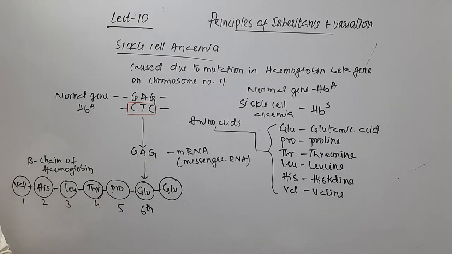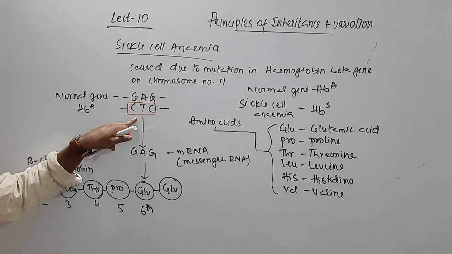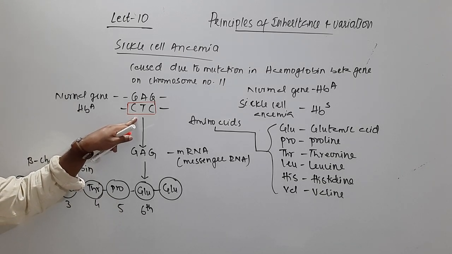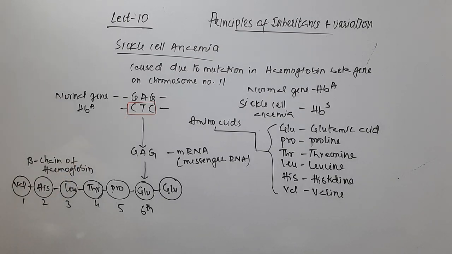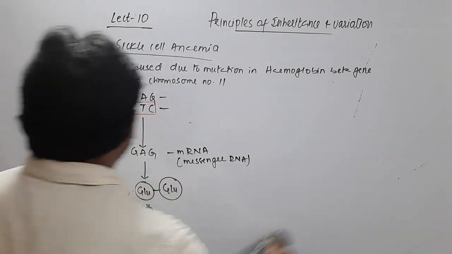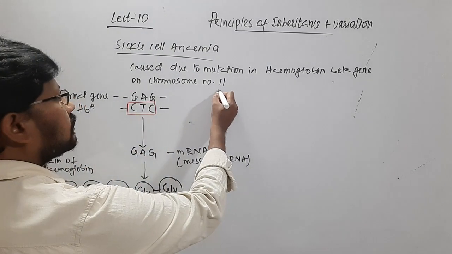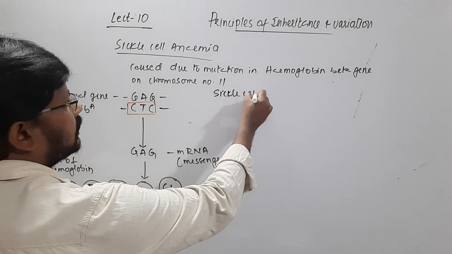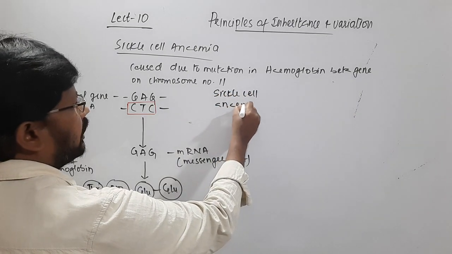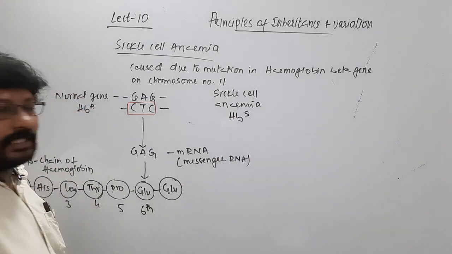Now what happens is this T is replaced with another nitrogen base, that is A. That we will see in case of sickle cell anemia. That condition is HbS.